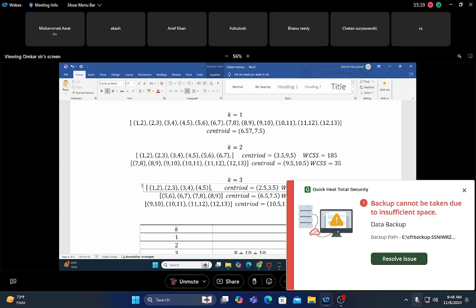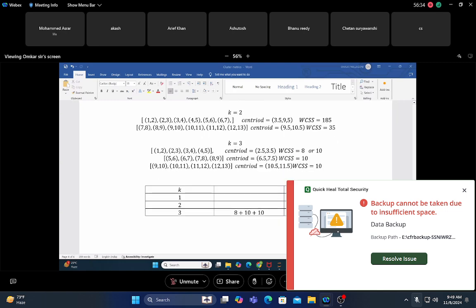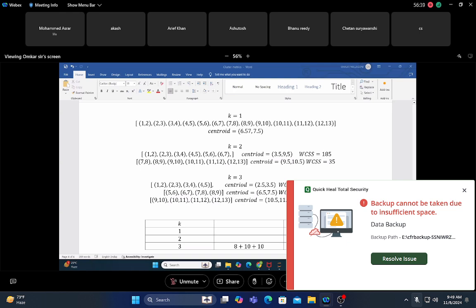How is the centroid coming 4.5, 0.5? Three clusters means you divide into three parts, first part, second part, third part, then the distance. 6.5 comma 7.5 was already given long back.